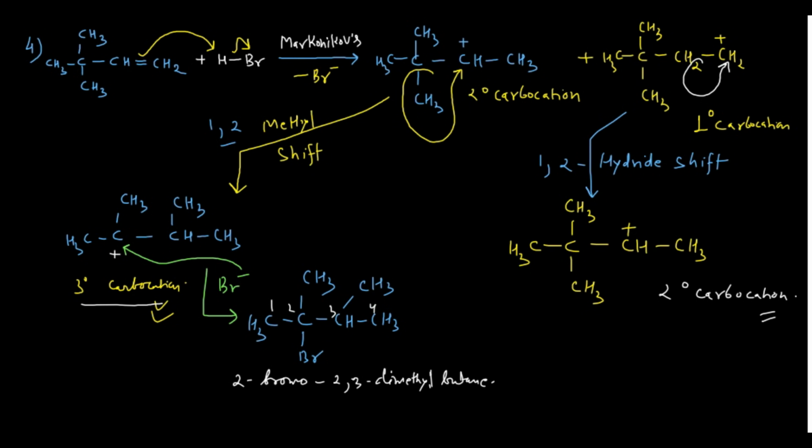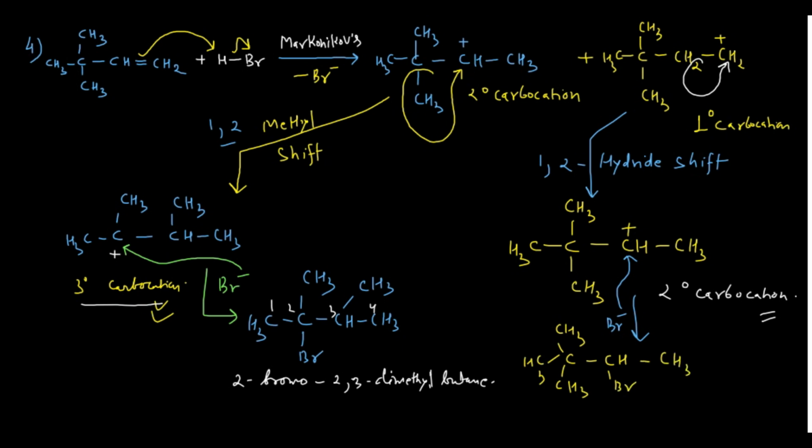And here what can happen? Br negative will attack onto this carbon, and it will give you your product: C with this CH3, CH3 and CH3. This is CHBr, this is CH3.